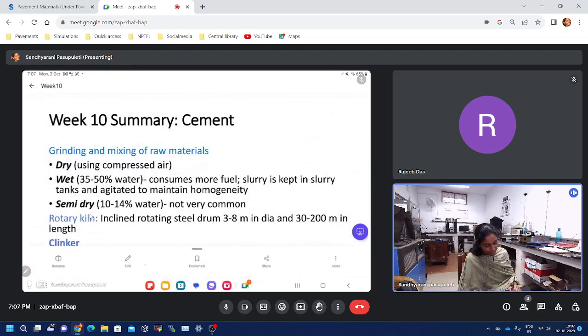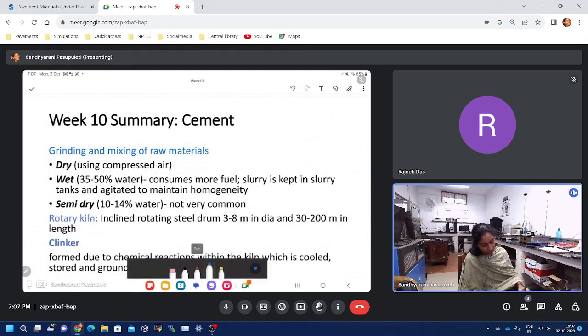So if you see in detail about the stages, in the grinding and mixing of raw material stage, in the dry process usually we are not going to add any water to the raw materials of the cement. So we directly take the calcareous materials and also siliceous materials and grind them. But when it comes to the wet process, we would be adding around 35 to 50% of water.